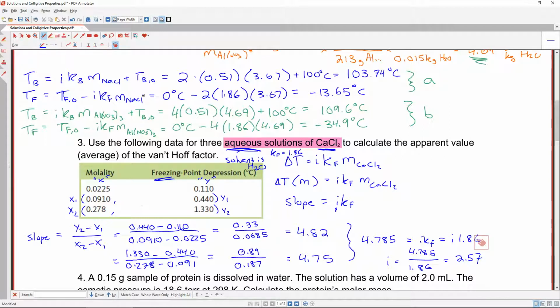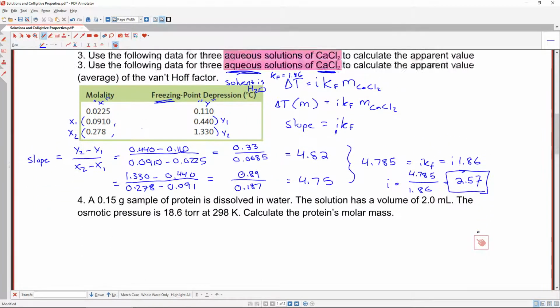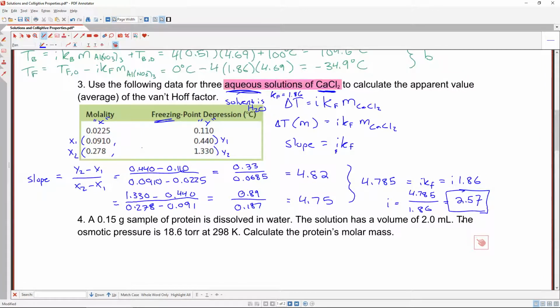Or maybe the calcium and a chlorine stayed together, and then just one Cl minus came off. All of that is possible. That's the problem with dealing with real data. So we have a van 't Hoff factor of 2.57 for this experimental data.